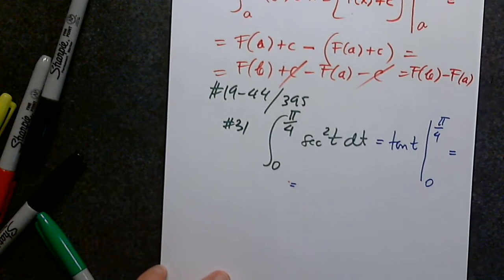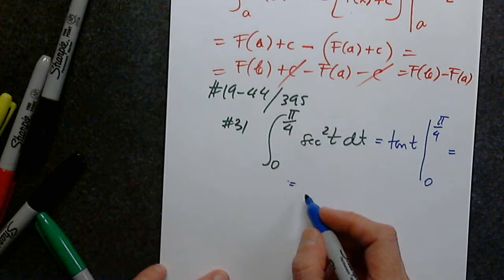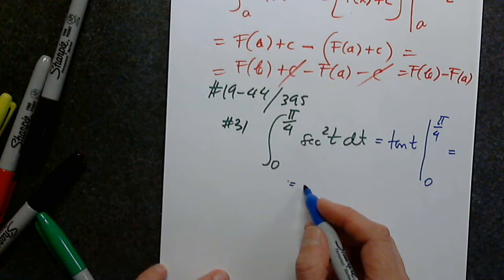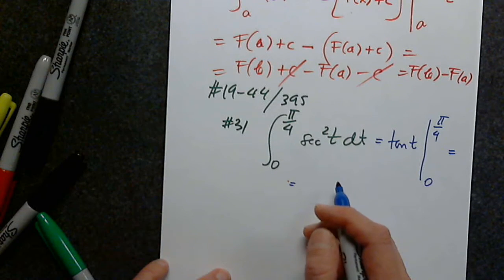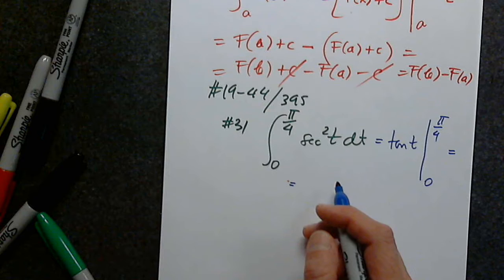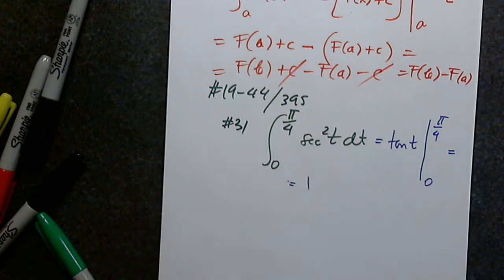Please plug in pi over 4. It's the easiest angle. It's 45 degrees, and sine and cosine are the same. So what can tangent be? 1. Thank you. Now plug in 0, please. 0. Exactly. Thank you very much.